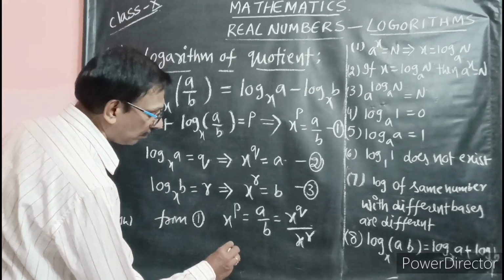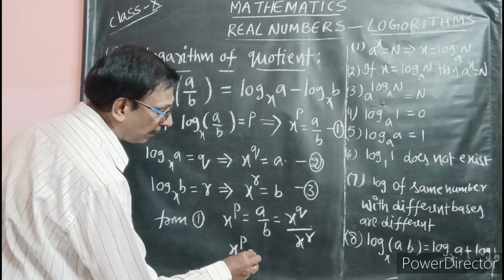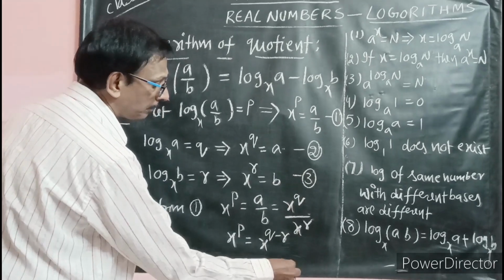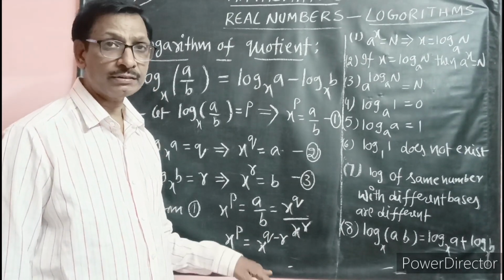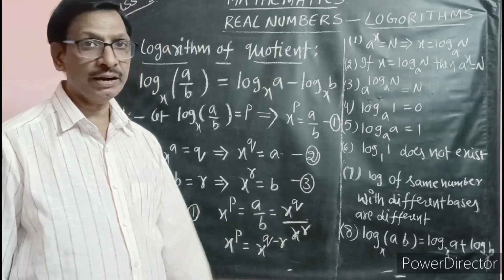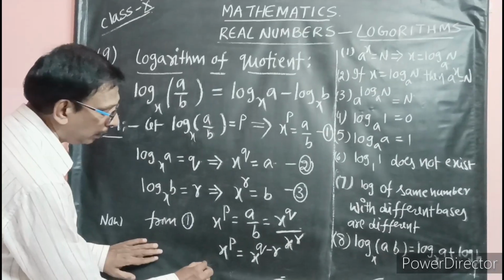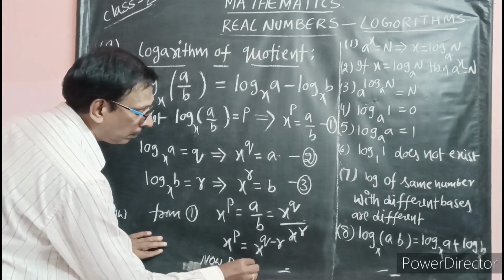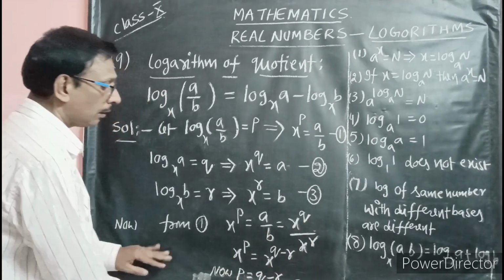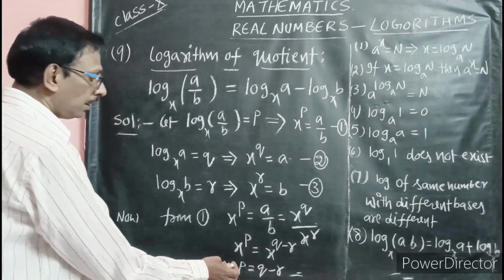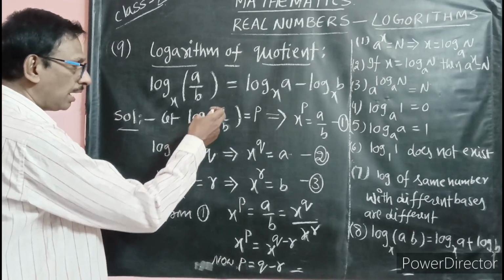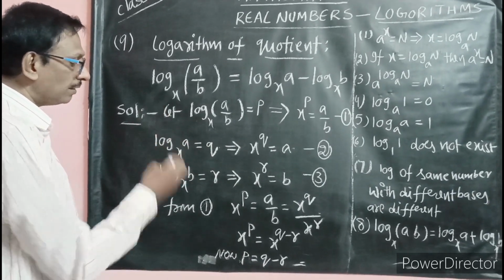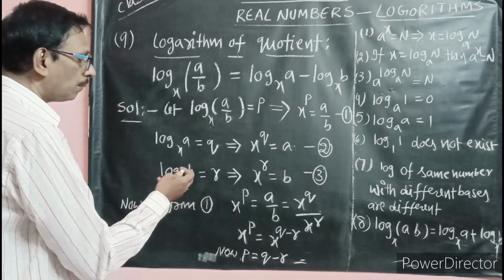That's why x to the power of P is equal to x to the power of Q minus R. Now P is equal to Q minus R. In place of P, we write log A by B to the base x, replacing Q as log A to the base x and R as log B to the base x.